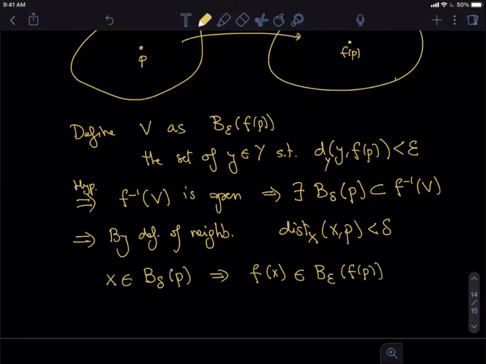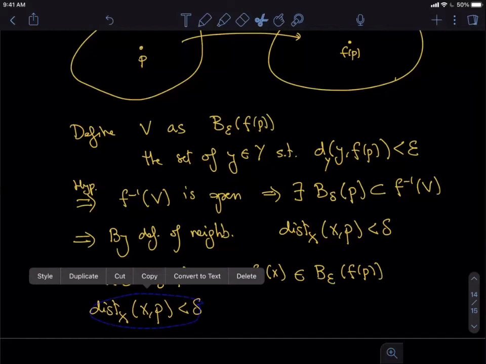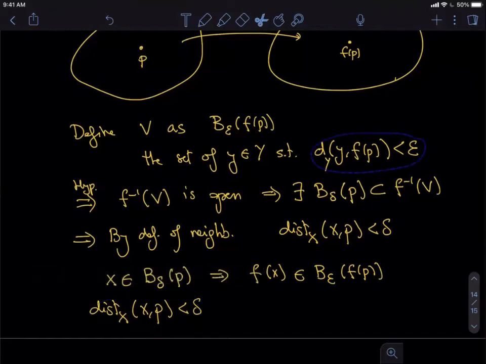So that means, looking at the definitions, the distance between x and p is less than delta. The distance in Y between y and f of p is less than epsilon. But now let's be careful, because it's not any y, it's the precise f of x.